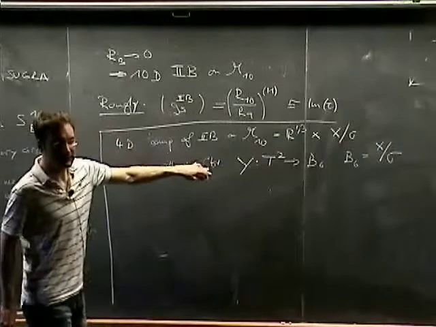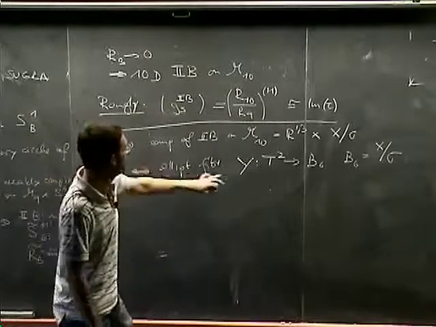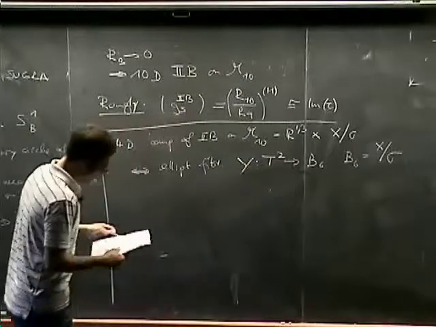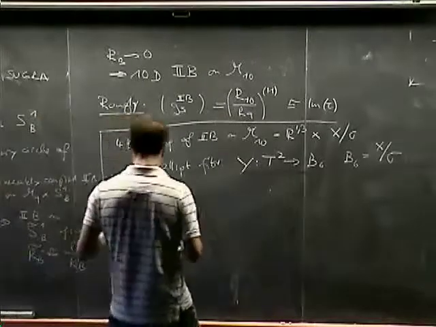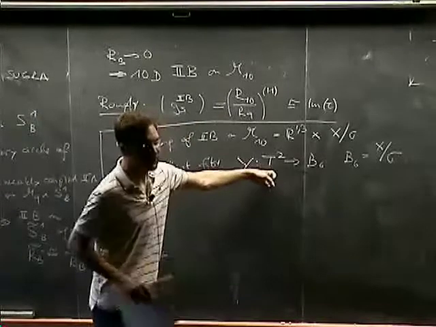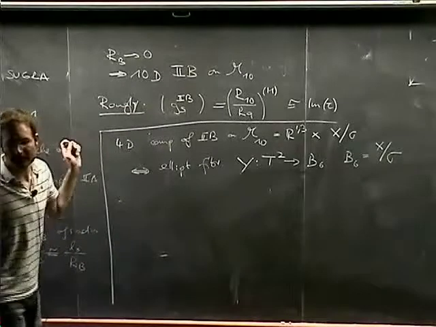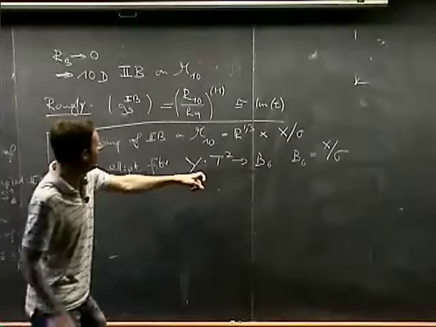And again, the physics of the 7 branes and the physics of the axio-dilaton is now encoded in the physics of this torus. So in particular, this is something for which I think we definitely need the M-theory picture. I'm not aware of any other way how to see this.